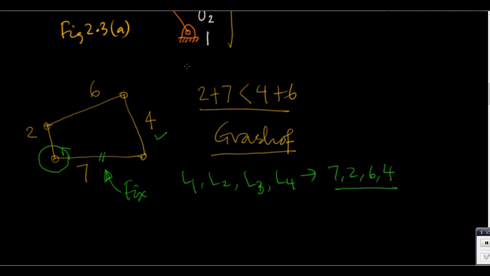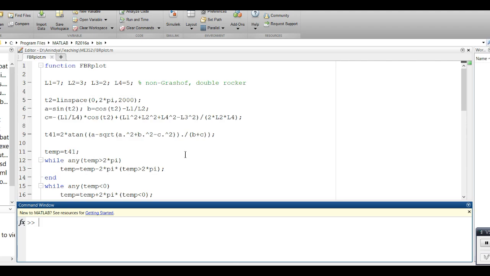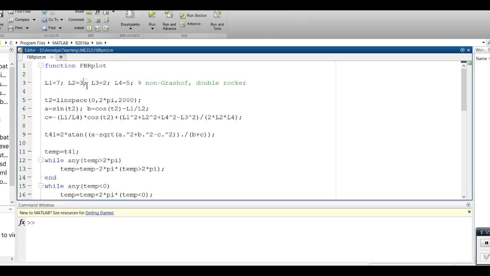Let us go here. 7, 2, 6, 4, Grashof crank rocker.